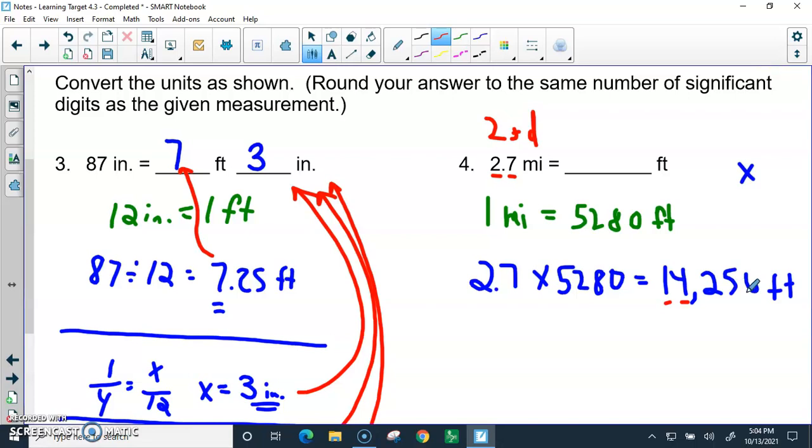We need the 1 to be in the 10,000s place and the 4 to be in the thousands place. So what we'll do is we'll keep and put placeholders in for these 3 digits here. So 14,000 feet will be your answer. You're rounding it to the nearest thousand.